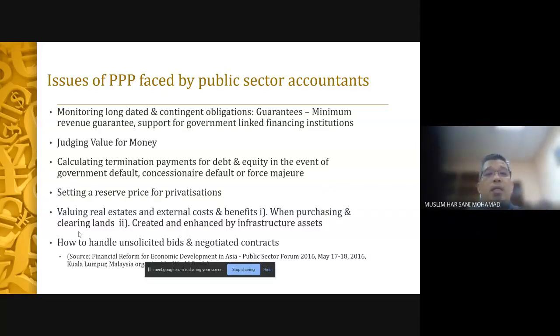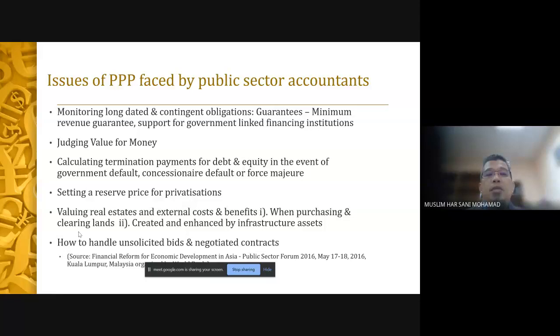Judging value for money, because it requires judgment. Calculating termination payments for debt and equity in the event of government default, concessionaire default, or force majeure, right? These are abilities, or competencies, that accountants need to develop. Setting a reserve price for privatization, okay?